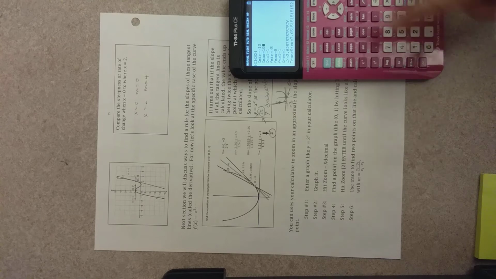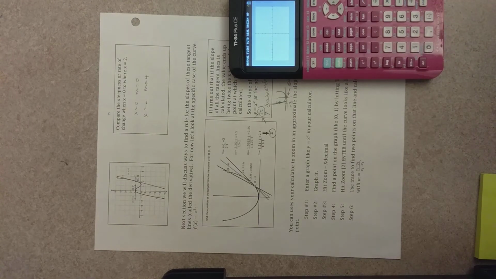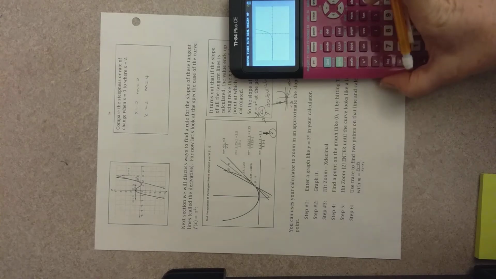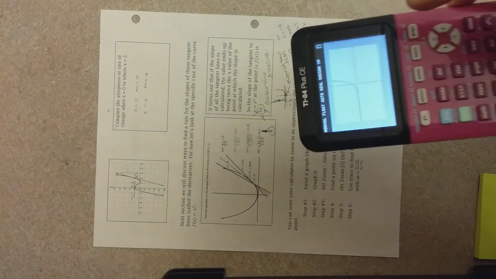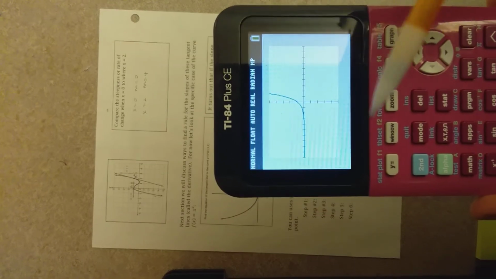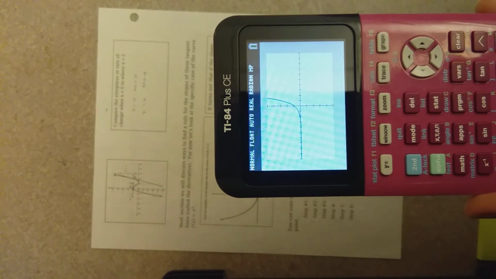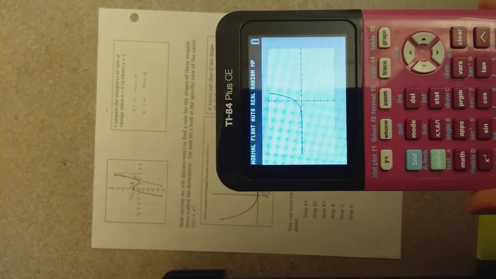Negative 10 to 10, negative 5 to 5. Okay. So there's my exponential function. You can see that it's exponentially growing here and shrinking towards 0 on that side. That's what 3 to the x does.